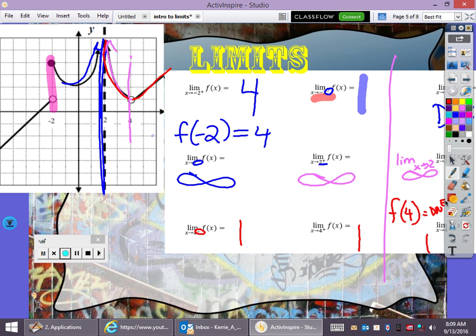Sorry, ask your question again. So if both of these had been open circles, it would be does not exist. Good question. If both of these had been open circles, then this would be does not exist also.